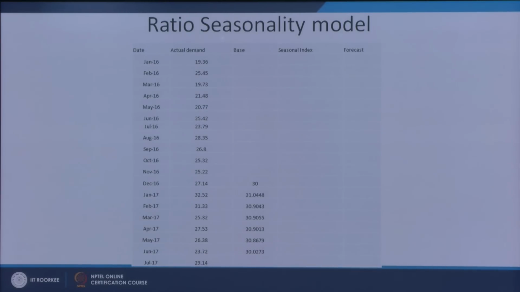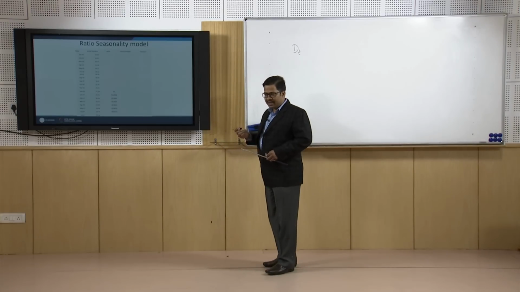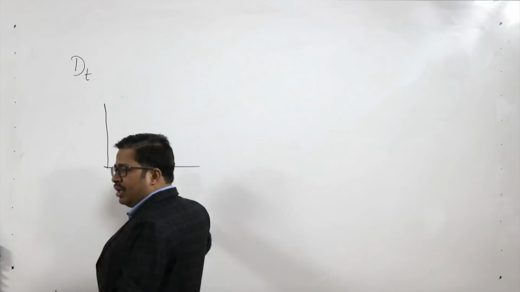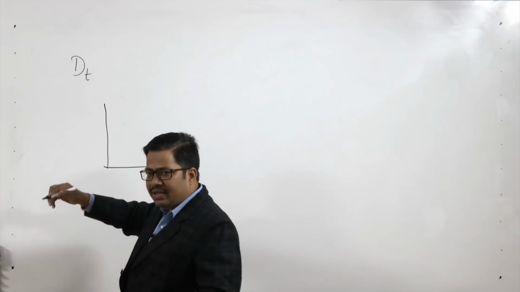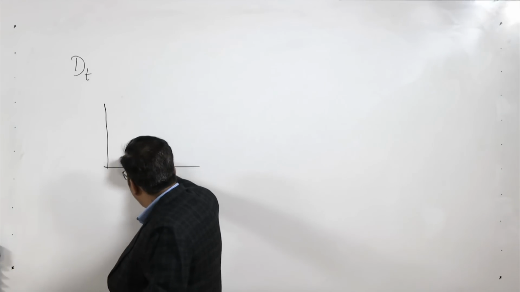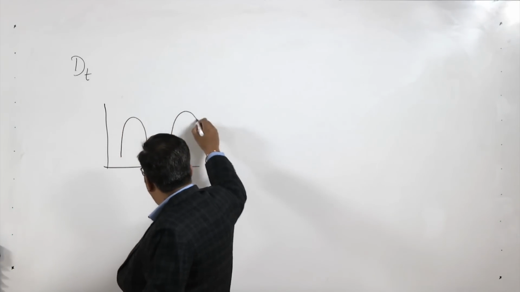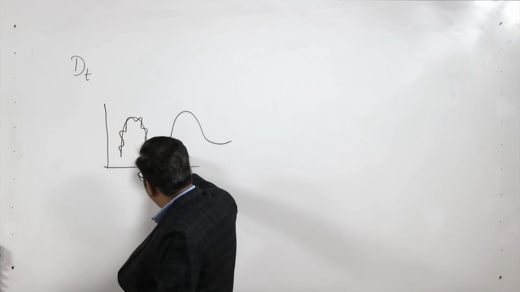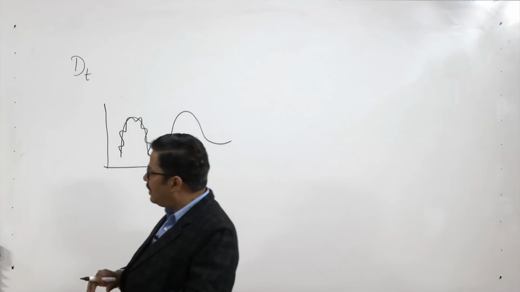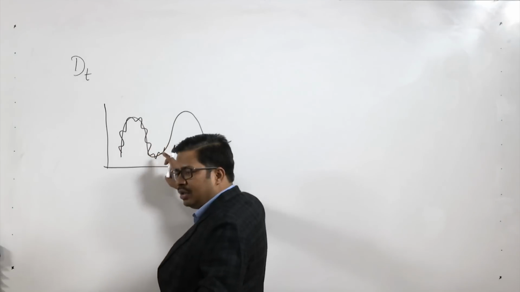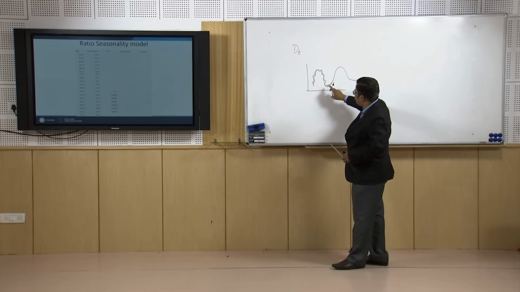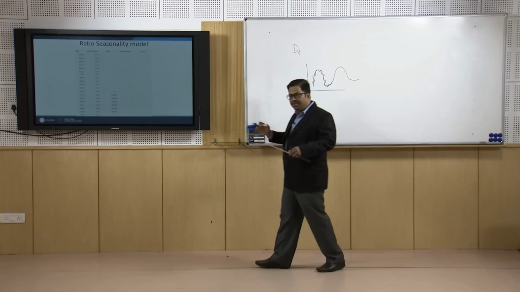As we have discussed in our last two classes, demand is considered to be fluctuating around a base value. In the case of a seasonal factor also there is a seasonality effect, and the demand is fluctuating around these base values. So we will determine these base values, which is a more smoothed curve, and the demand is represented by this zigzag curve which is the fluctuation around this base value.